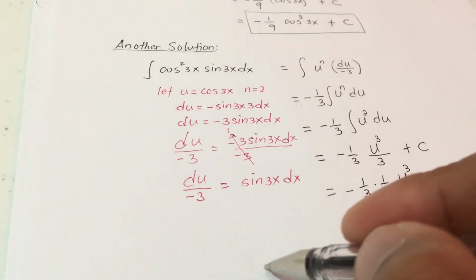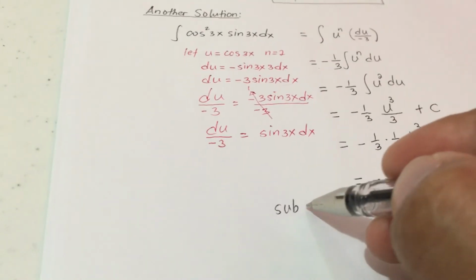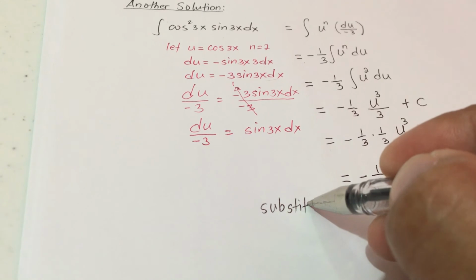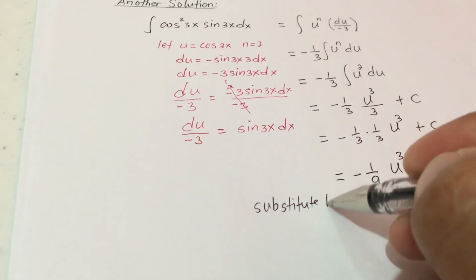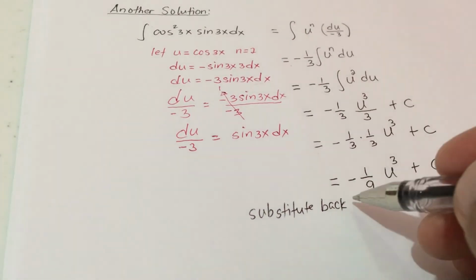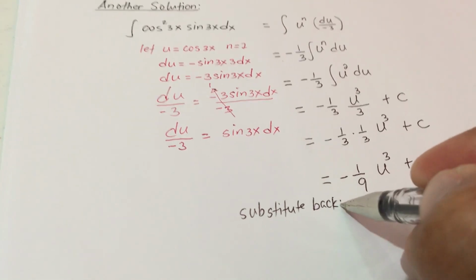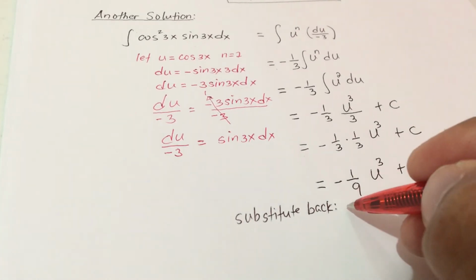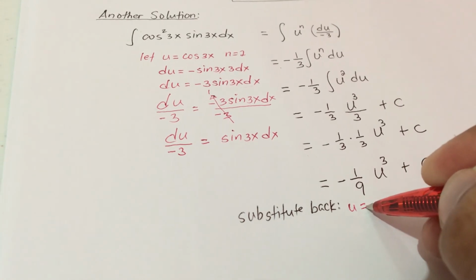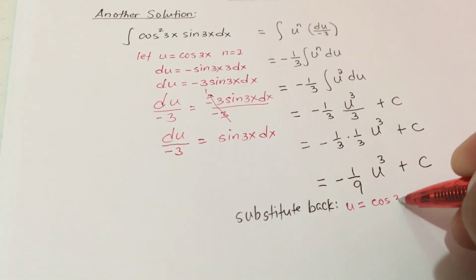Then substitute back the value. So substitute back u, which is equivalent to cosine 3x.